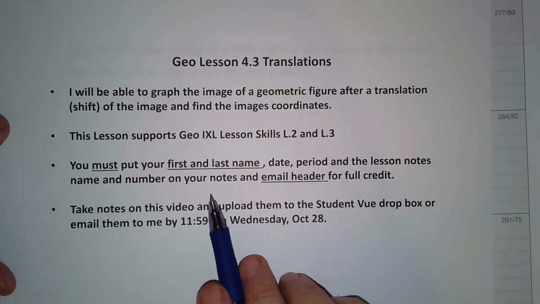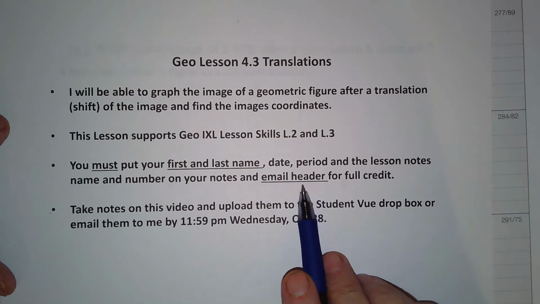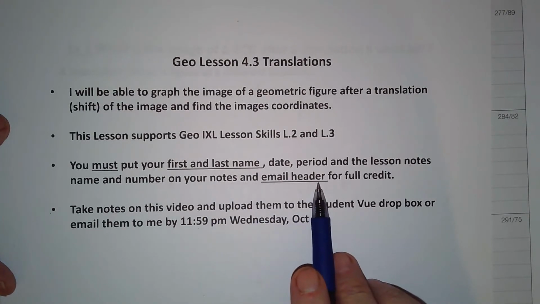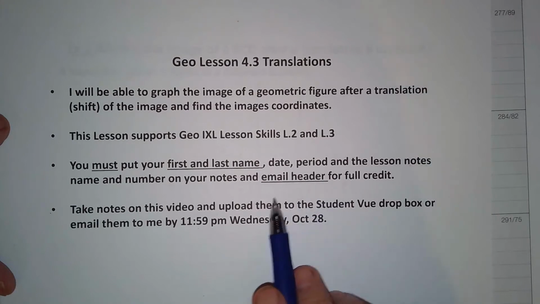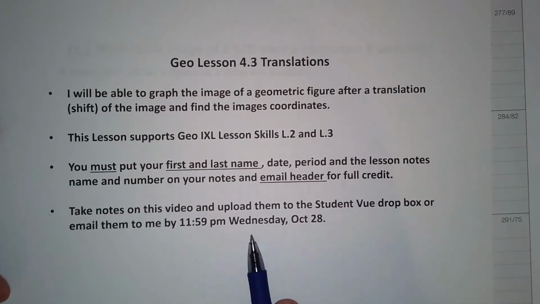And not only would you do it on your notes, but if you email it to me, please put it on your email header as well. I want to see this header information on the email header. The bottom line is I'll mark you down if you don't do that. So for full credit, you want to give me all of that.